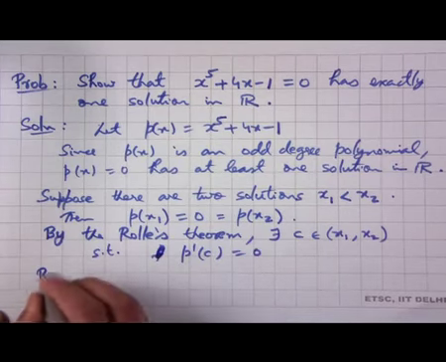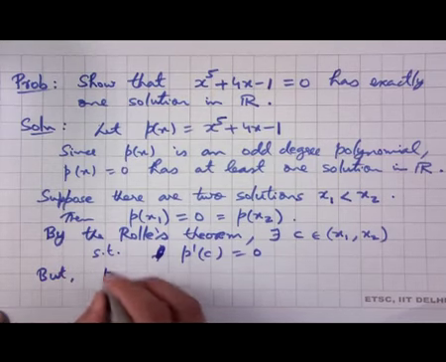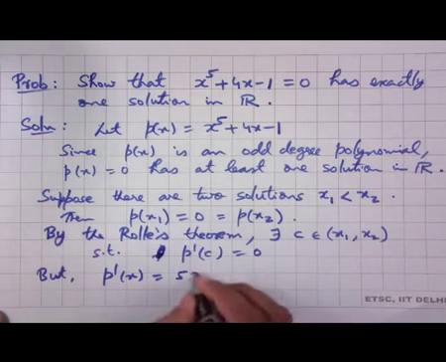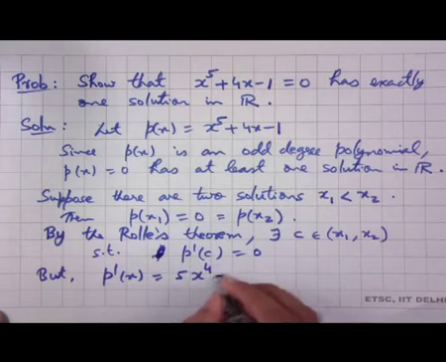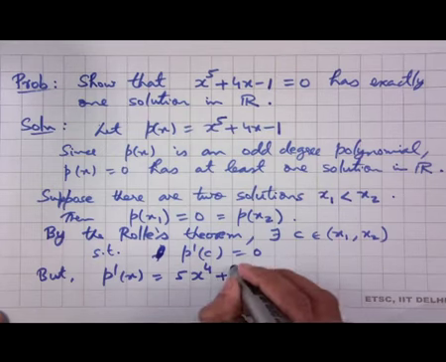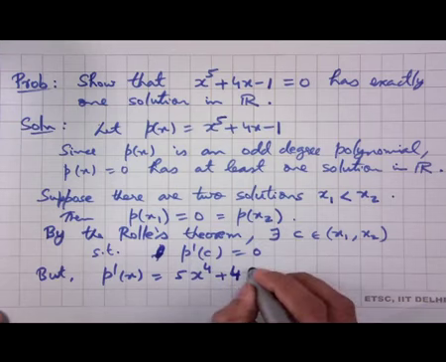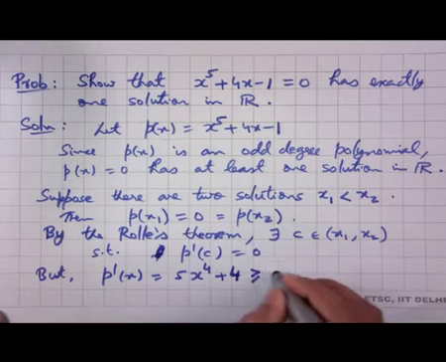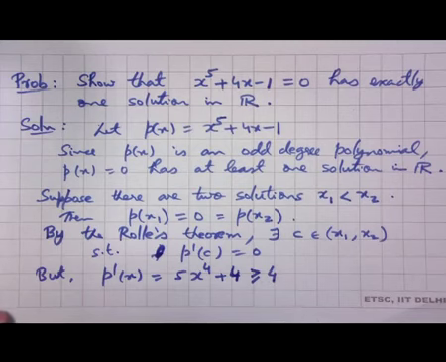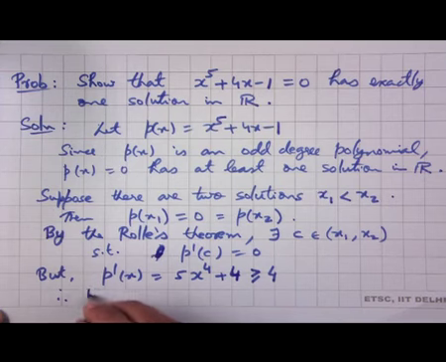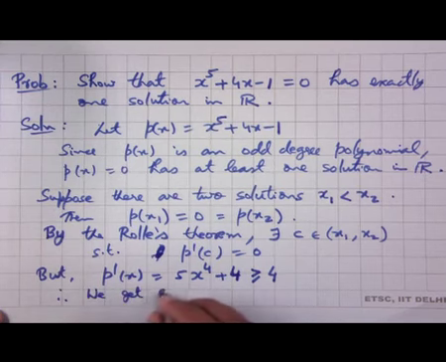But if we look at P prime x, the derivative here is 5 x to the 4 plus 4, and we know that x to the 4 is always non-negative, so this is always greater than or equal to 4. So, therefore, we get a contradiction.